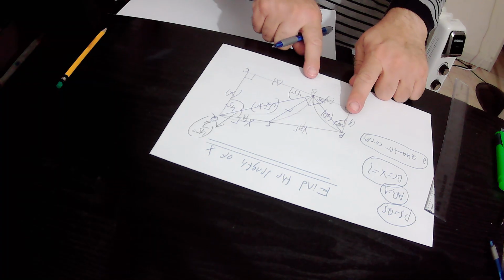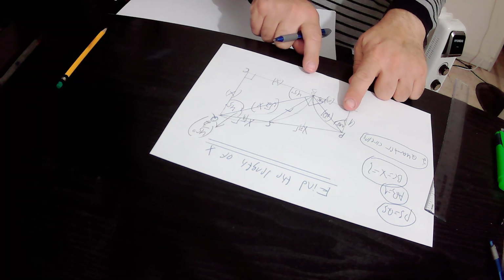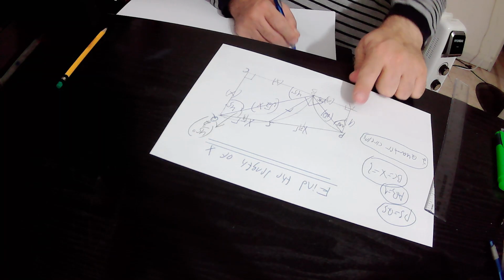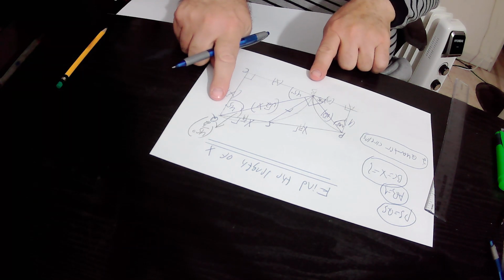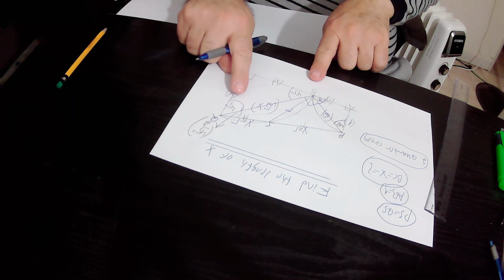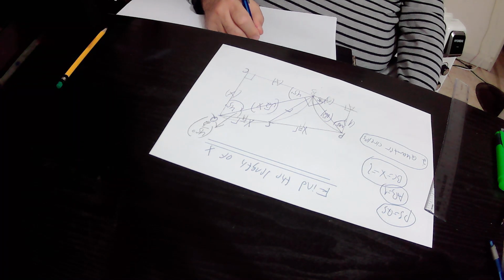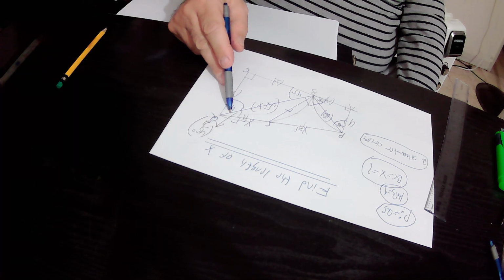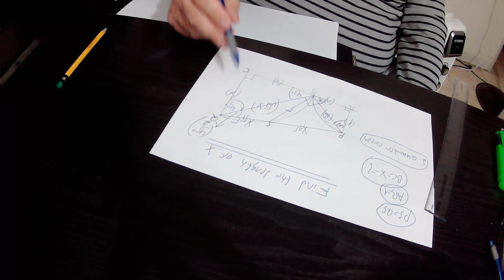Side PB of the right triangle PBQ equals the square root of 2 units in its length. This is side QB of the right triangle PBQ, that equals square root of 2 times x units in its length. And this is actually angle PQB, that is equal to 45 over 2 degrees.